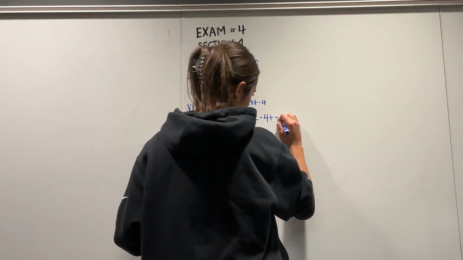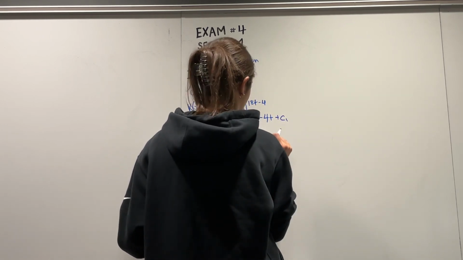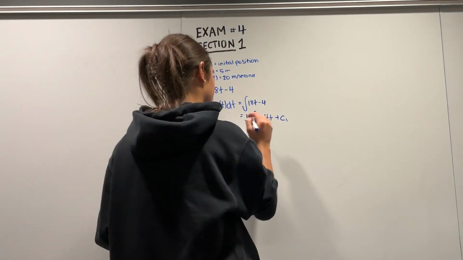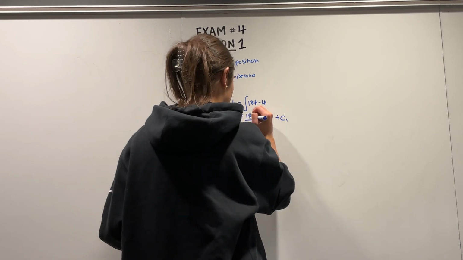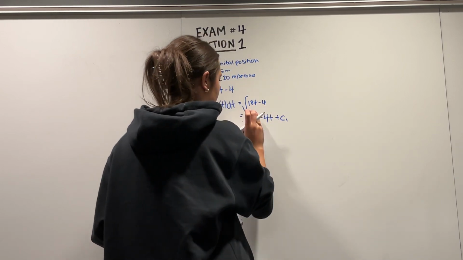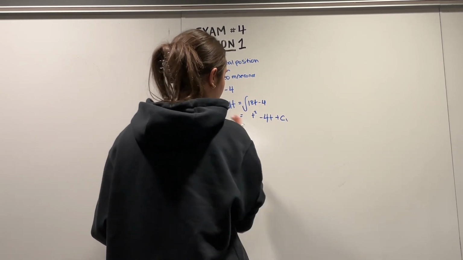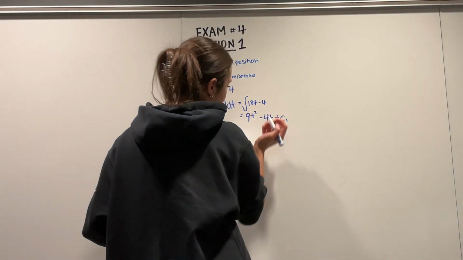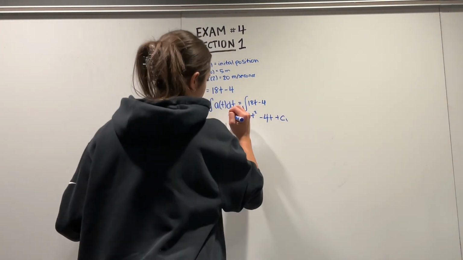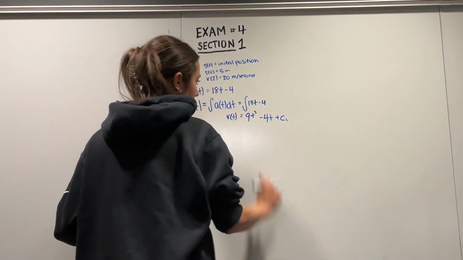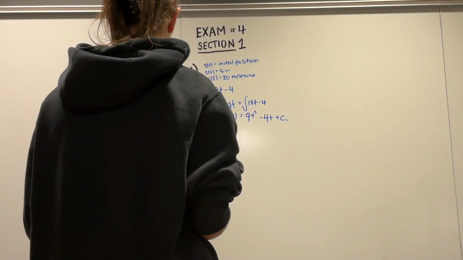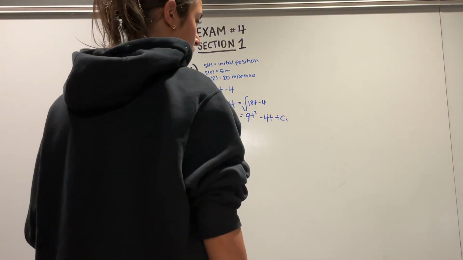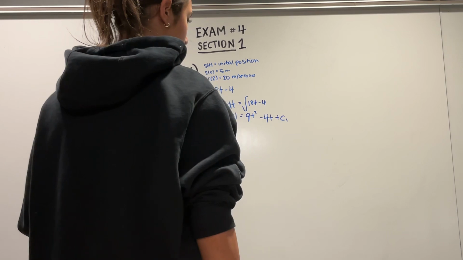So plus c1 we'll say. But then this will simplify to 9. So technically 18 over 2 is 9, so now it'll become 9t squared. So this is our v of t equation, and then we are trying to figure out c.